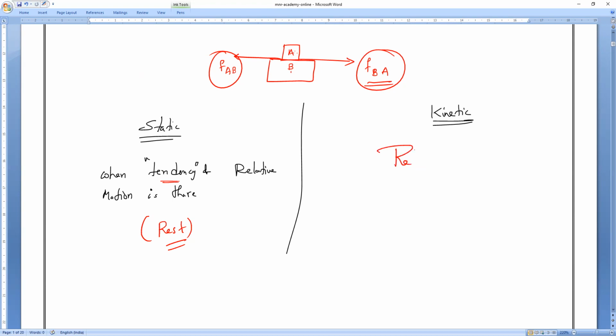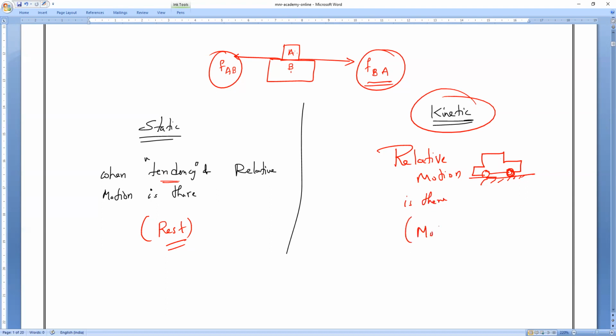But kinetic friction means, suppose a car is traveling on the road, already in motion. There is still a force between the ground and the wheels of the car. That friction we call, with relative motion already existing. So relative motion is there, already existed. In this case, we can say the body is said to be in what? All of you.